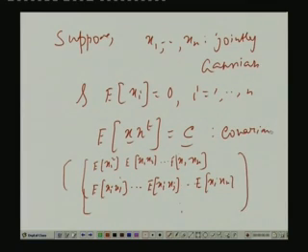This is called the covariance matrix. Suppose this is given. This is symmetric, obviously. You can take the transpose of this, you get the same thing. E of x1 x2 and E of x2 x1 are the same, and likewise E of xi xj and E of xj xi are the same, because xi into xj or xj into xi amount to the same quantity. We have dealt with these cases earlier, so I am not getting into the properties of correlation or covariance matrix. In this case, correlation and covariance matrix are the same because the mean is 0.